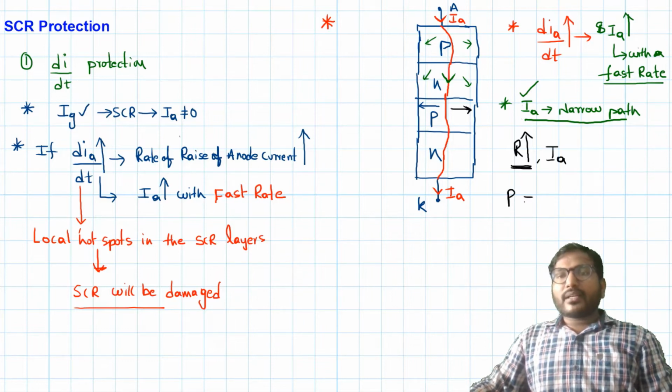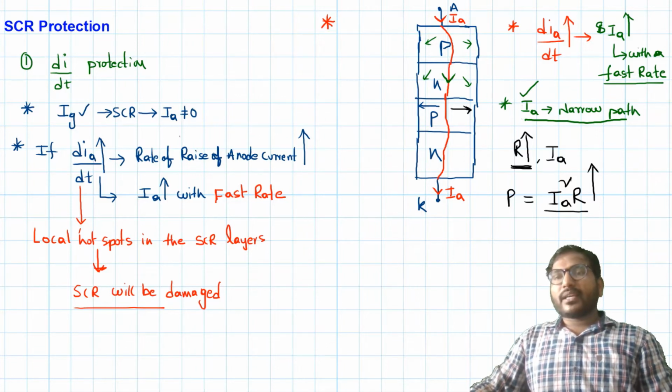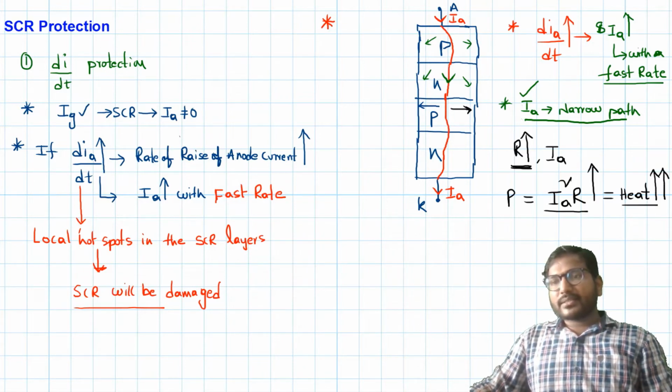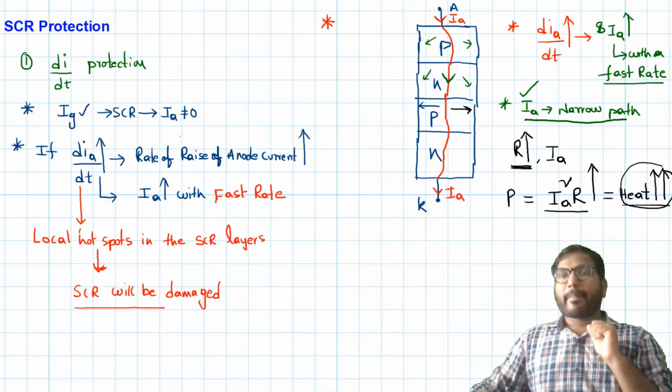So the power, IA squared R, is very high due to the high resistance and fast rate of rise in IA. We can see the I squared R losses are more, which means more heat in the SCR layers. This heat is more in the narrow region only, where the current is passing.